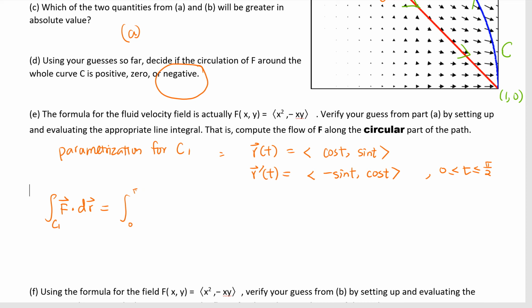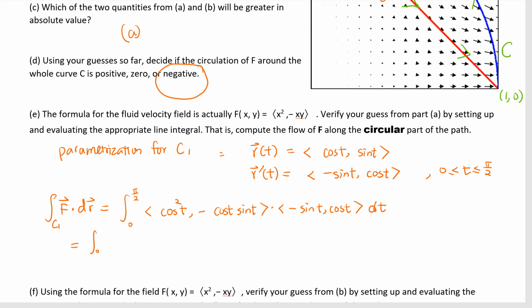So t from 0 to pi over 2. F is x squared minus xy, and x is cosine, so we have cosine squared minus xy, so cosine t sine t, dot dr, which will be (negative sine t, cosine t) dt.